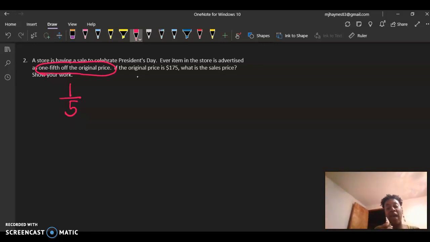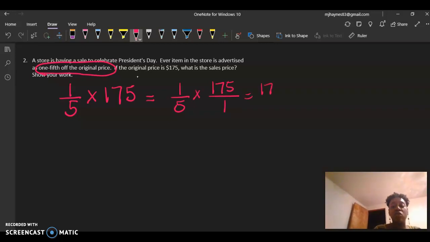When I see "of" in math, that means times. So 1/5 times 175, and I'm going to put that over 1. And now I've got 175 over 5. Some people knew to instantly cut 175 into 5 parts, and that's how you do that.